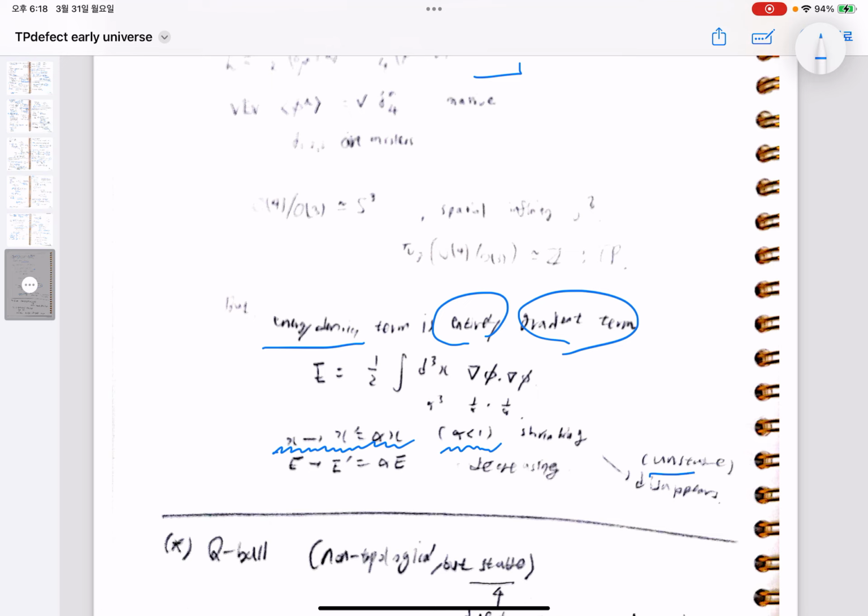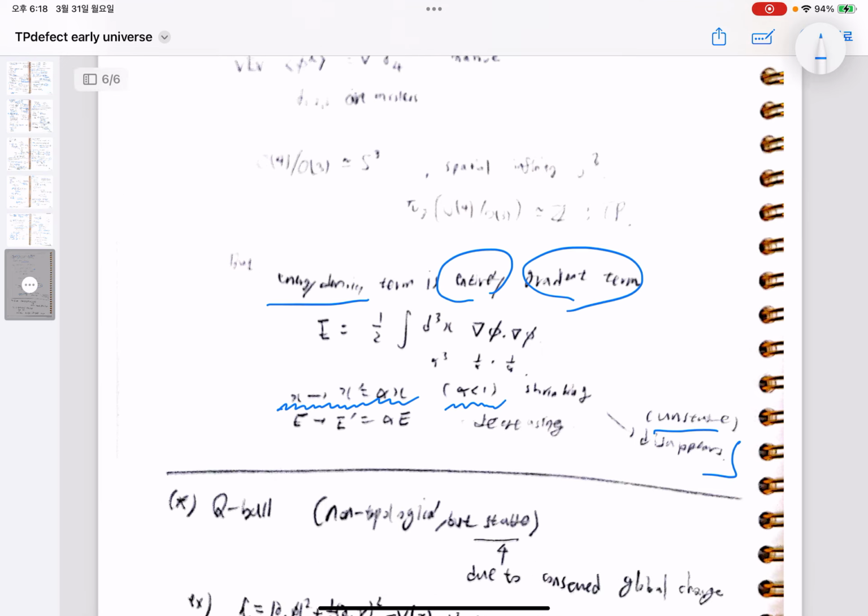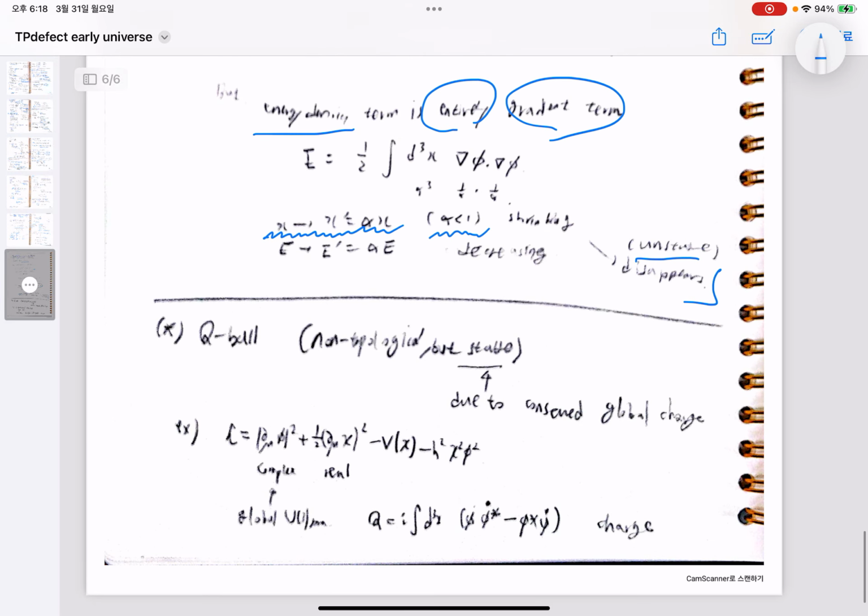So this is unstable. So after the shrinking, such a texture structure disappears. And there is one more thing, a topological but stable solution, Q-ball, which comes from the conservation of the global charges. This is an example with the global U1 charge symmetry.